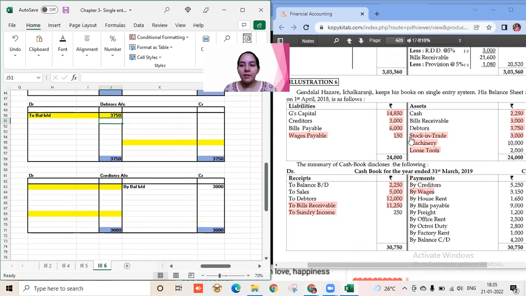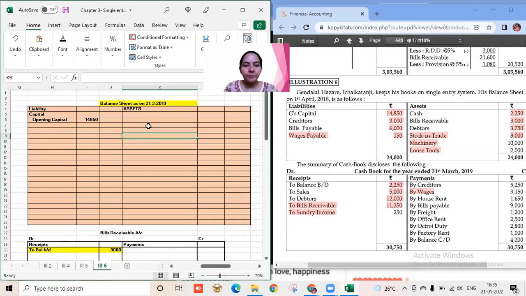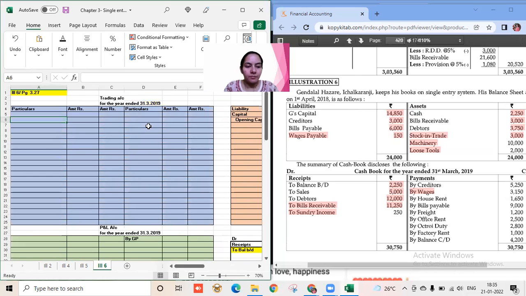Okay. Then there is stock, machinery and loose tools. So opening stock goes to the trading account debit side. So come to the trading debit side, to opening stock, that is rupees 3,000. Put it in the outer column. Okay. Done with the opening balances from the opening balance sheet.